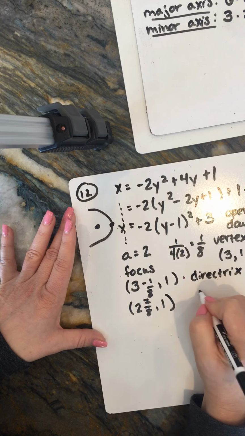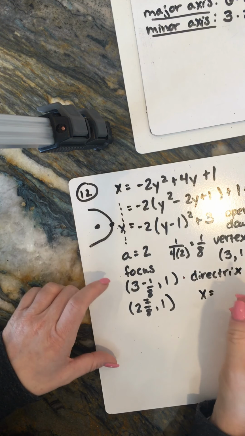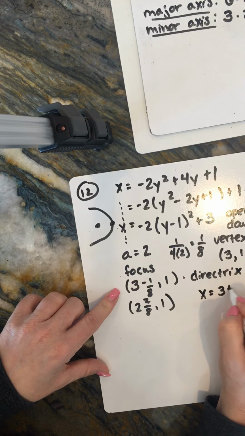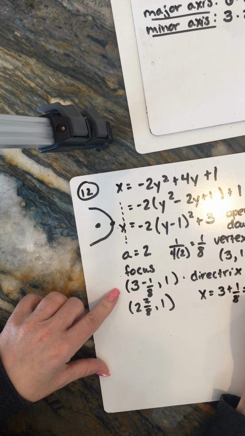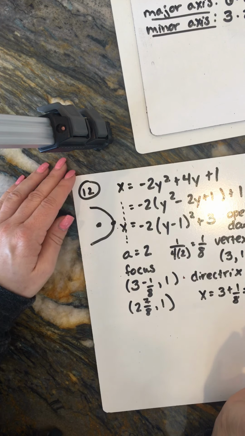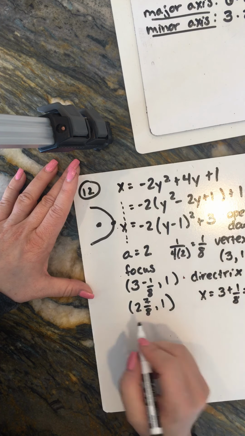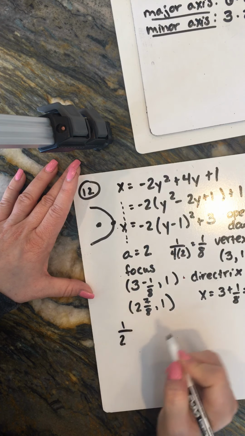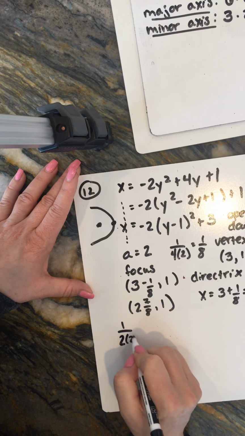Our directrix is an x equals line. So x equals, we're going to do 3 plus 1/8, or 3 1/8. And then we need to find the length of the latus rectum, so we need to talk about 1 over 2a. A again is 2.